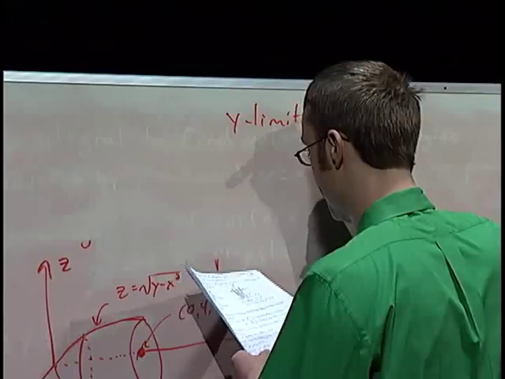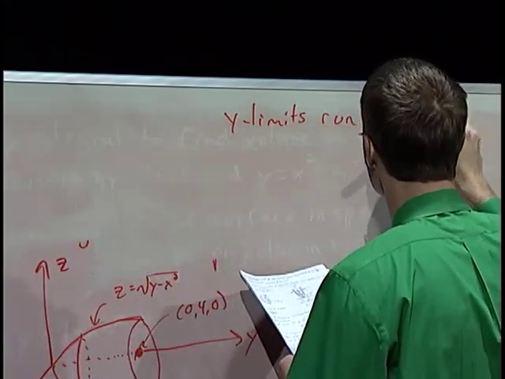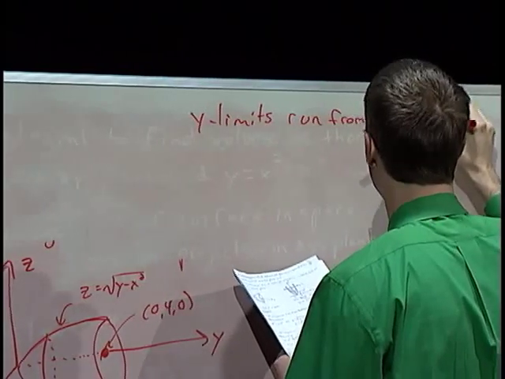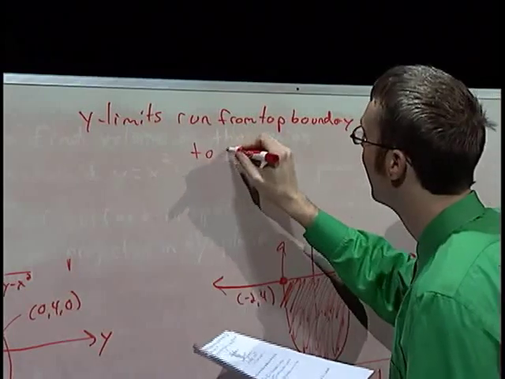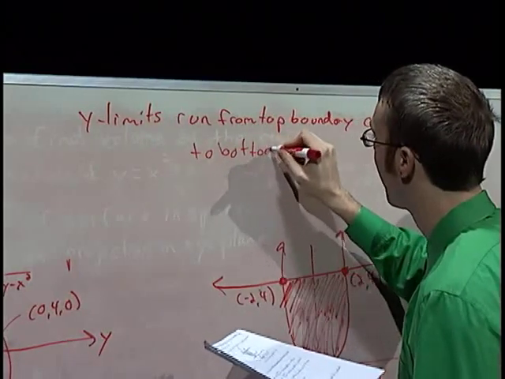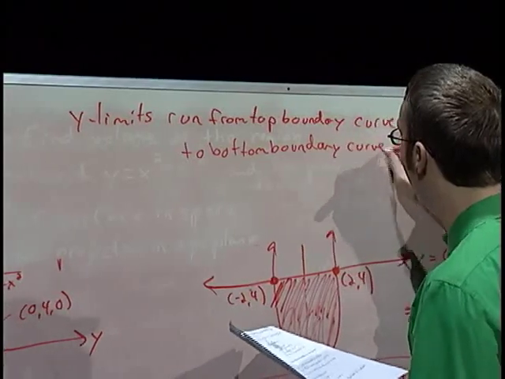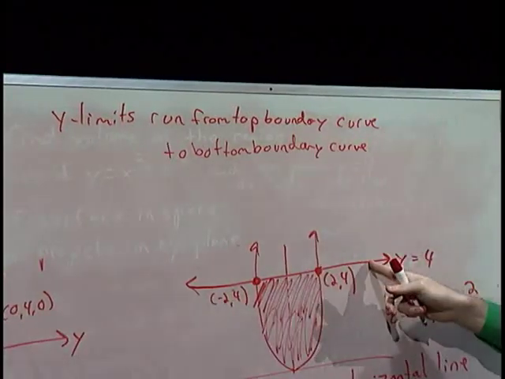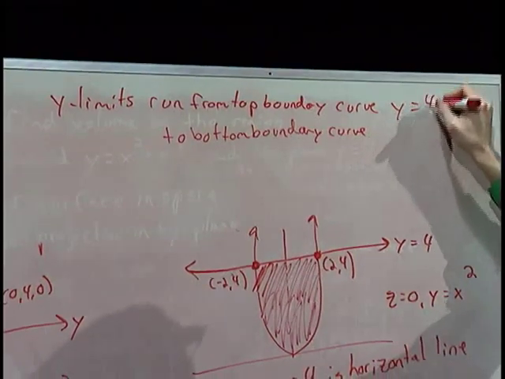So y limits run from not a top boundary surface, but a top boundary curve to a bottom boundary curve. The top boundary curve is y equals 4. The bottom boundary curve is y equals x squared.